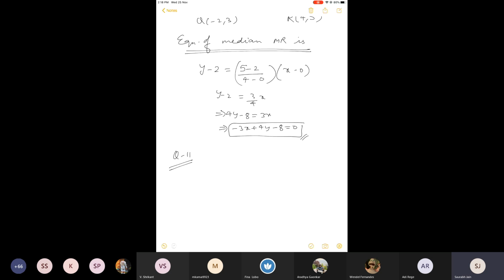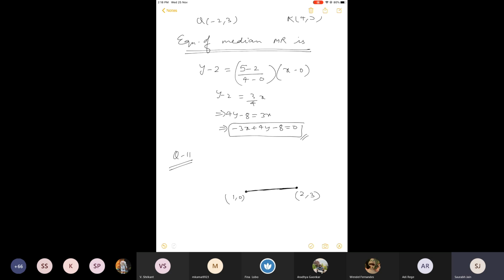A line perpendicular to the line segment. There is a line segment joining the points 1 comma 0 and 2 comma 3.